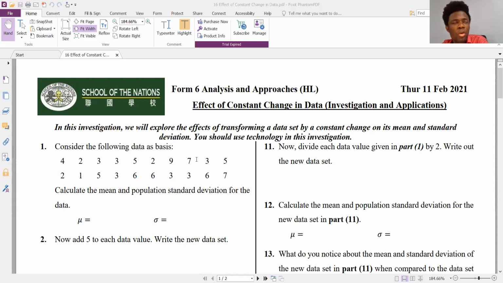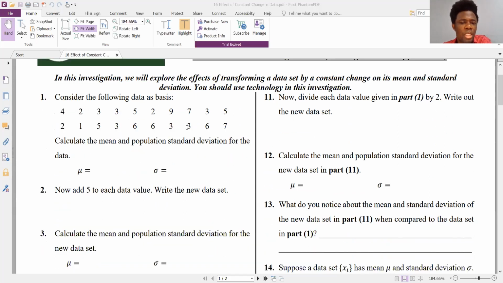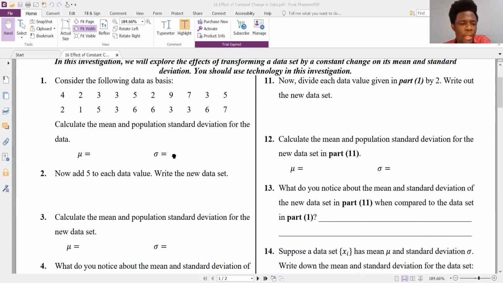Do we need to recalculate the mean and standard deviation, which of course can be used to calculate the variance, or are there ways we can just do it directly? So that's what this investigation is about. So I've asked everyone to bring out their calculator, put this set of data in your calculator, let's calculate the mean and standard deviation. Okay, so write in your notebook, 1, just write mean, standard deviation.